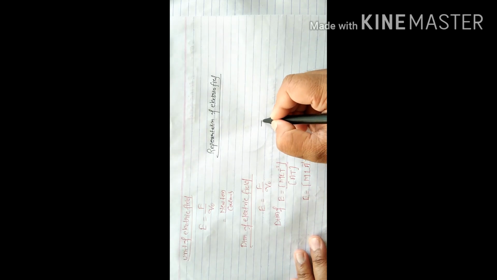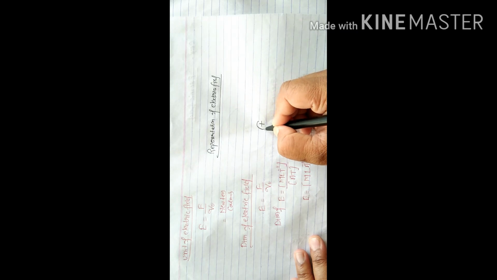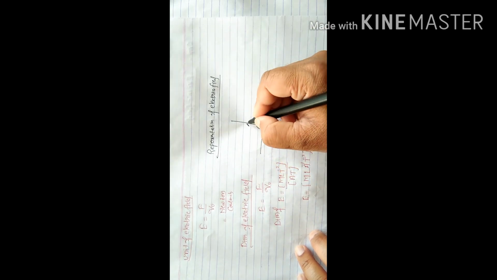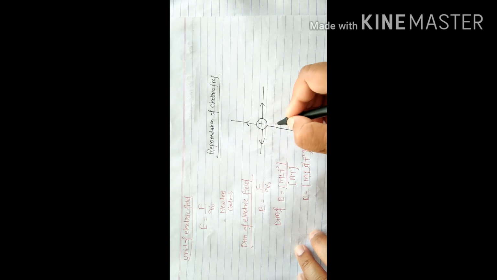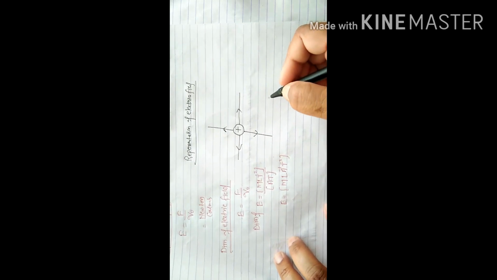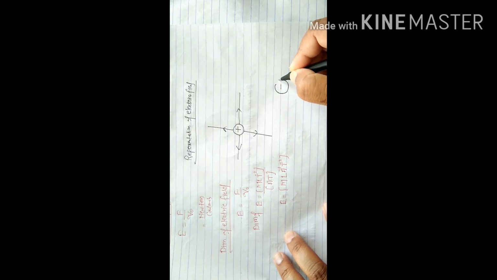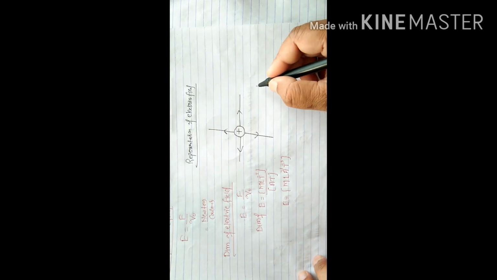If we have a positive charge, the direction of electric field will always be outward. If there is a negative charge, then due to this negative charge, the direction of electric field will always be towards the charge, means towards the negative charge.